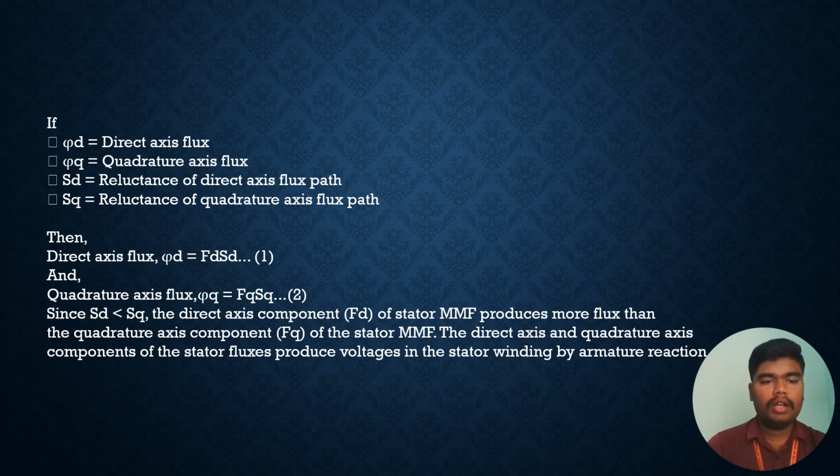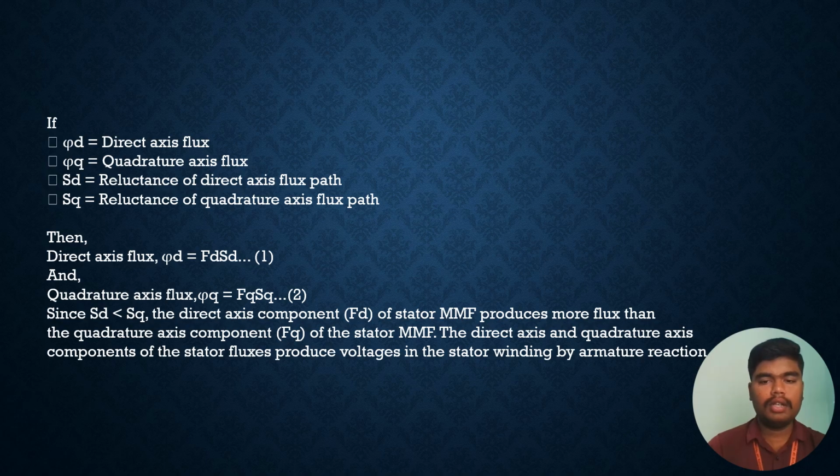The quadrature axis flux phi q is equal to FQ into SQ; consider this as equation 2. Since SD is less than SQ, the direct axis component of stator MMF produces more flux than the quadrature axis component FQ of the stator MMF.